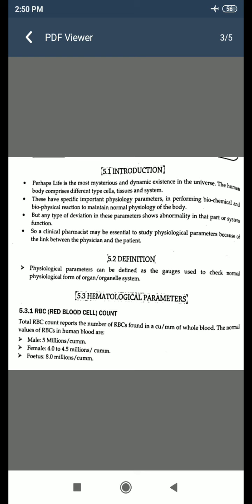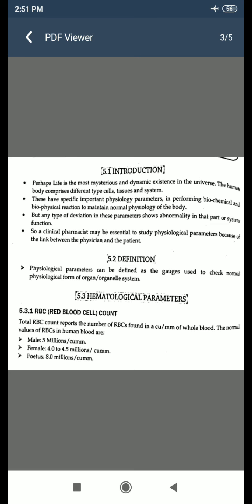Okay, then B is mean corpuscular volume, that is MCV. It is the ratio of the HCT, that means hematocrit, to the RBC count. MCV is equal to HCT percent times 10 divided by RBC count.